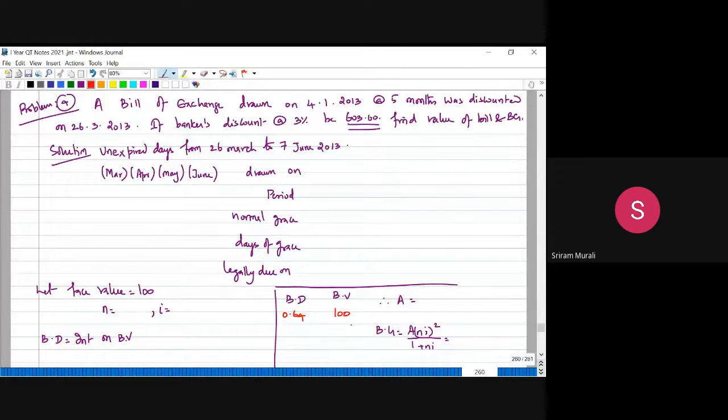Banker's value is 100. So we want to find for 603.60 what is the value of this, that is the gain. So banker's gain is A is 100 by 0.64 into 603.60. Substitute these data and find the banker's gain.